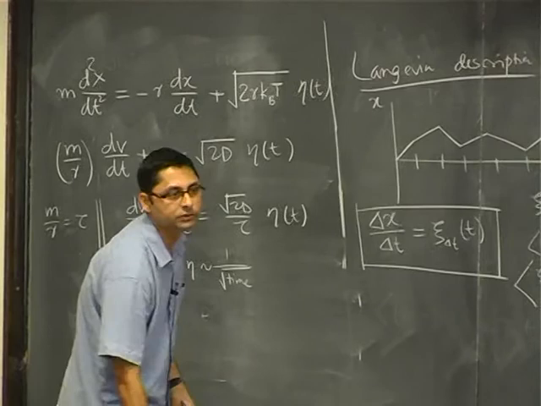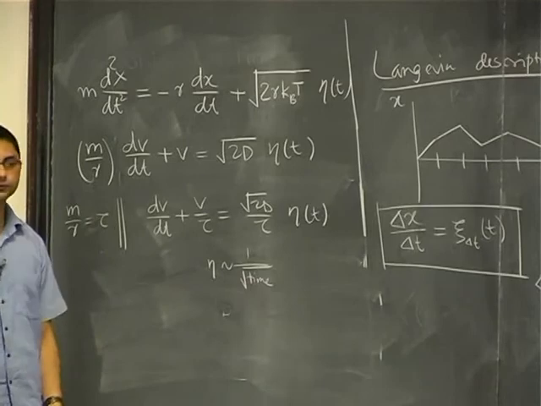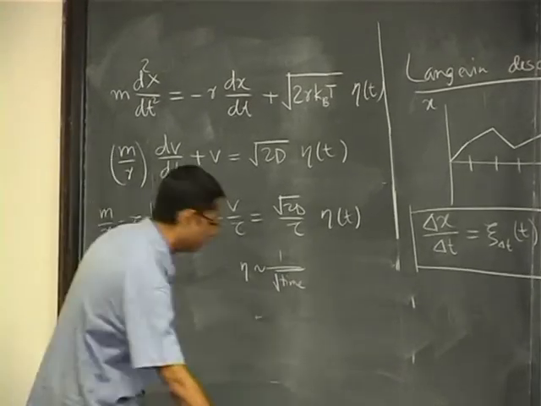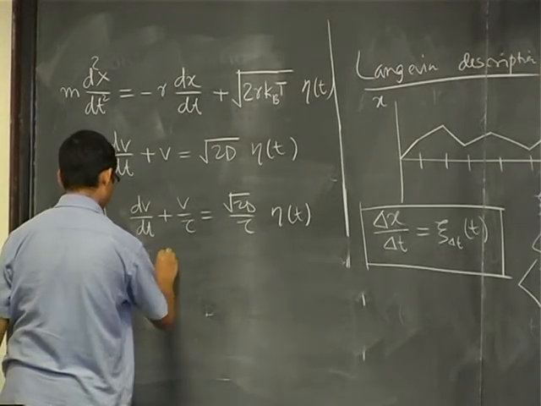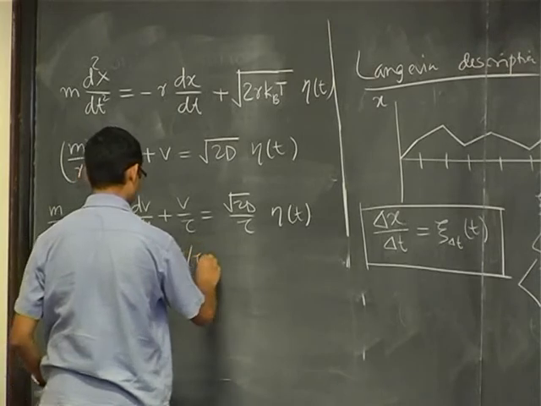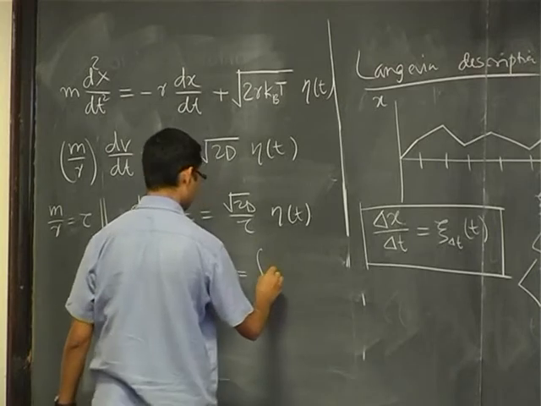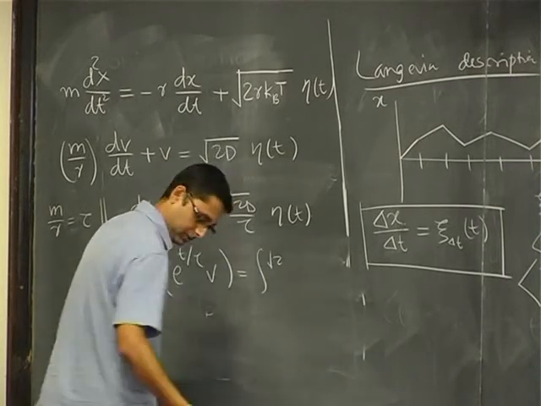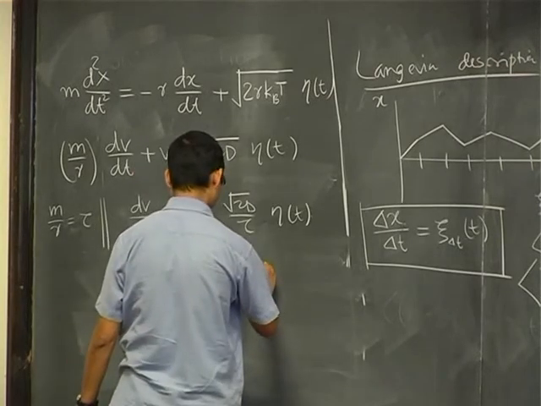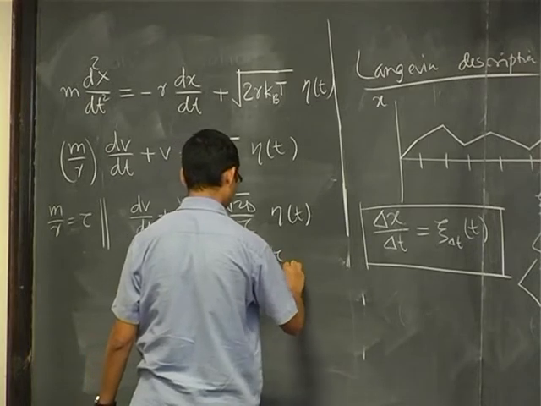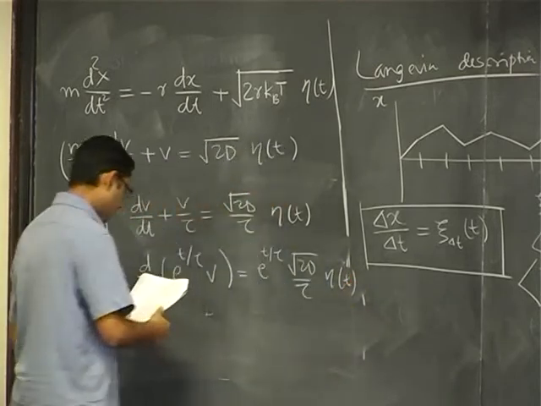This equation is very easy to solve. This is a first order differential equation. So in fact, d by dt of e power t by tau times v is equal to e power t by tau times the noise term.